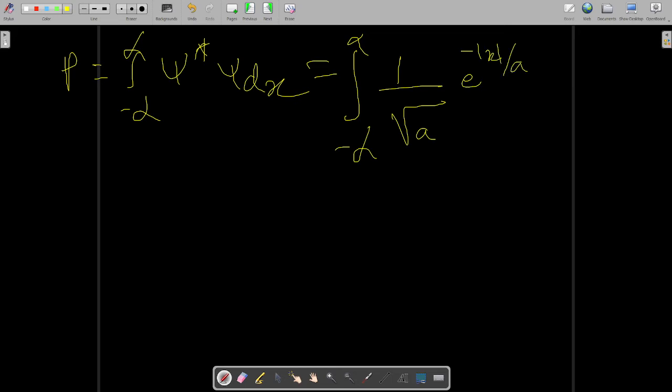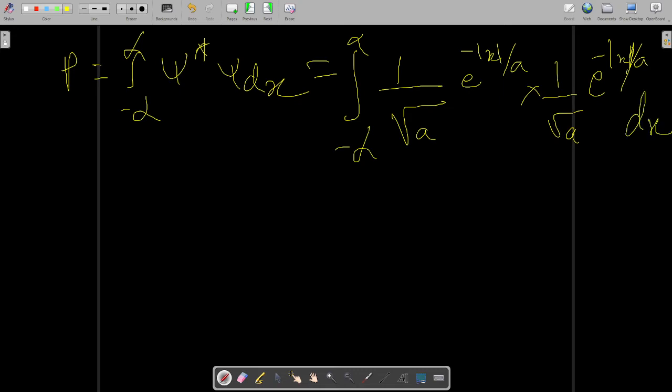Then in place of psi star I put this, and in place of psi again that same thing is going to come, because the conjugate and the original function are the same, right? So the same term is going to come.